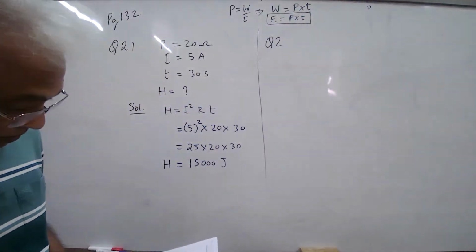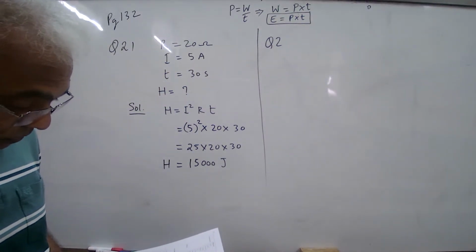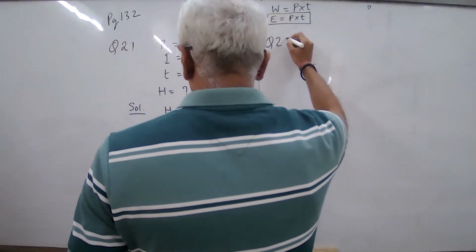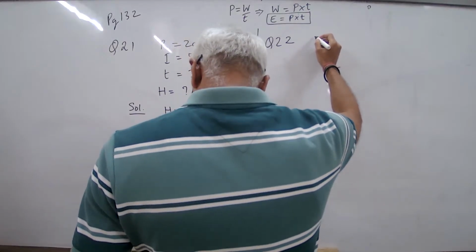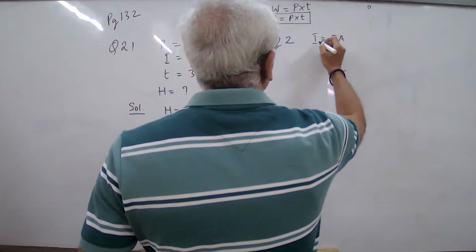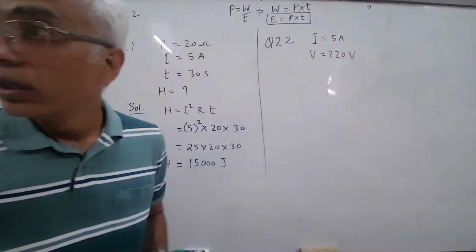Okay, the electric motor takes 5 ampere from 220 volt line. So we have 20 seconds. What is given here? I equal to 5 ampere.